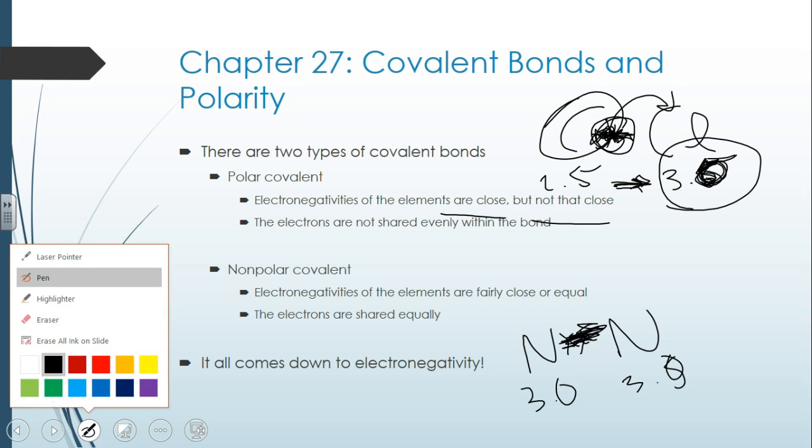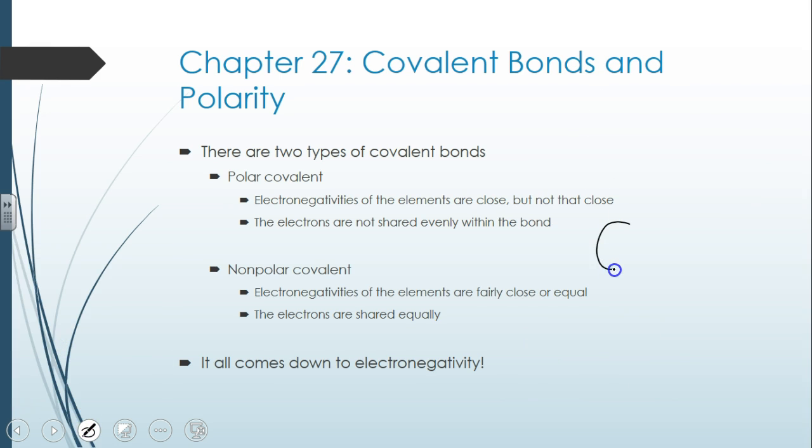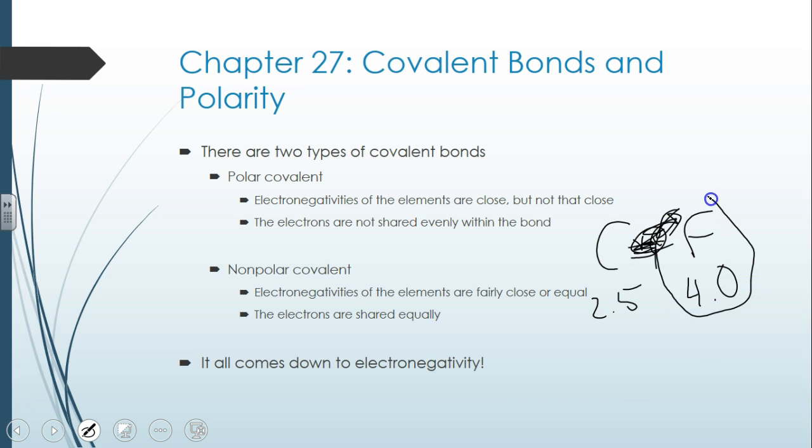Now we have a case where, let's do carbon and fluorine, where one parent is a little more awesome than the other: fluorine is 4.0, carbon is 2.5. So again, they're still close enough, still kind of equally awesome, so that they share the kids. They're still kind of together, but which parent is more awesome? Fluorine is. So the kids are going to gravitate around the fluorine a little more.